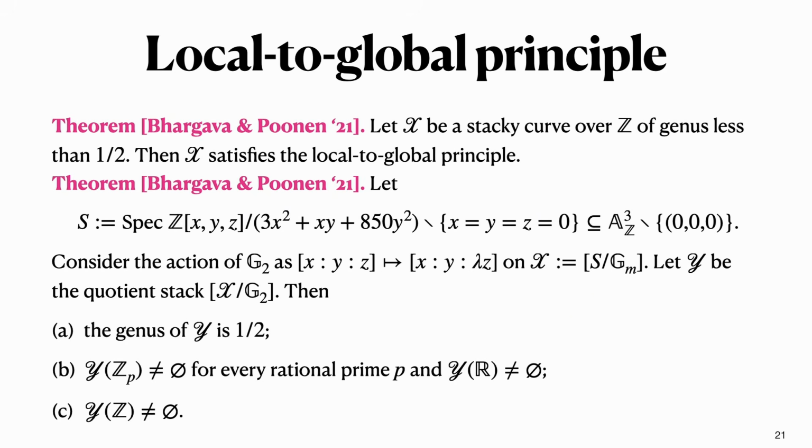It turns out that if you take a quotient, as we looked at, for that quadratic form, and then take a further quotient by an action of G2, then that quotient has genus 1/2. It has local points for all p and over R, but it does not have any integral point. So genus 1/2 is the cut. And this is where what I want to tell you about my research starts.